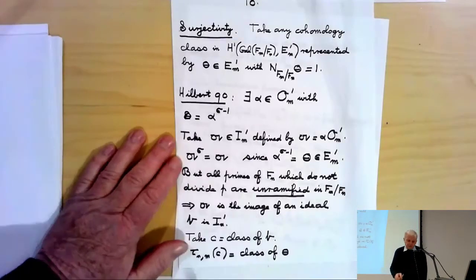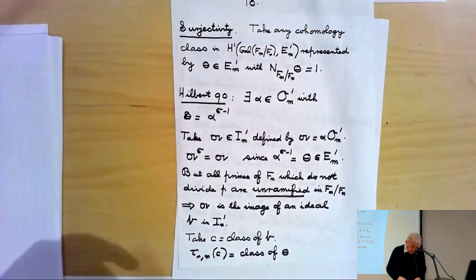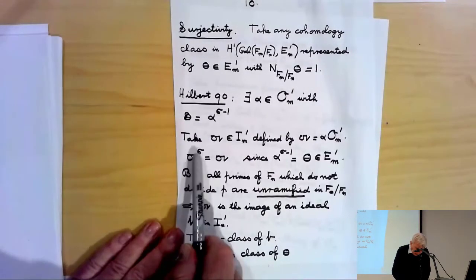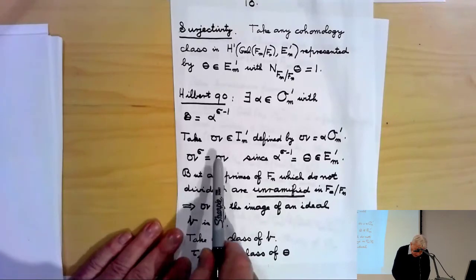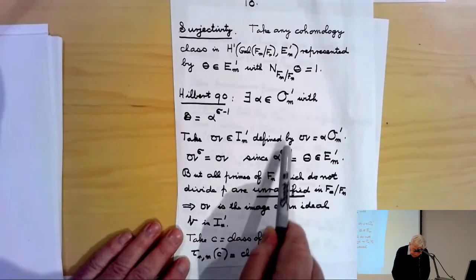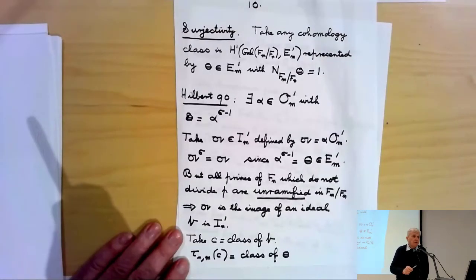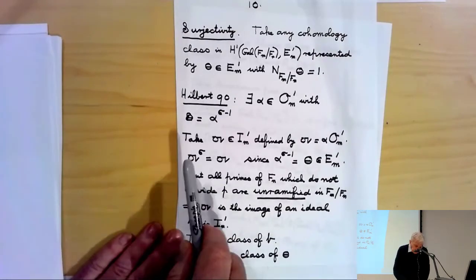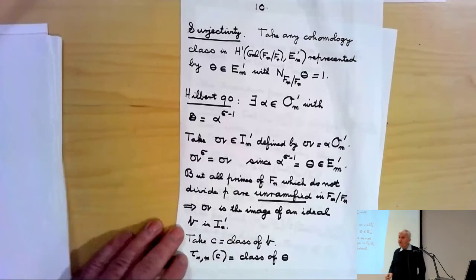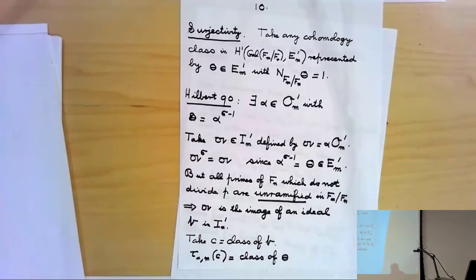And the point is that I claim that A sigma is equal to A, since alpha sigma minus 1 is a unit. That's the point. The ideal A has to be fixed by sigma simply because alpha of sigma minus 1 is a prime unit. Okay?